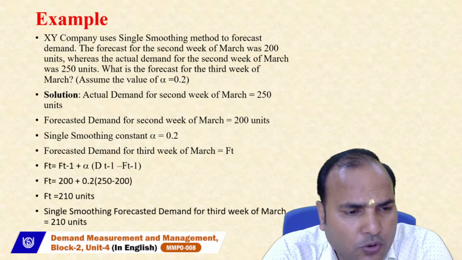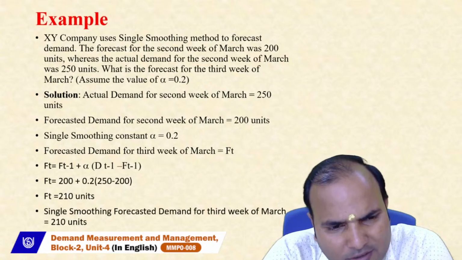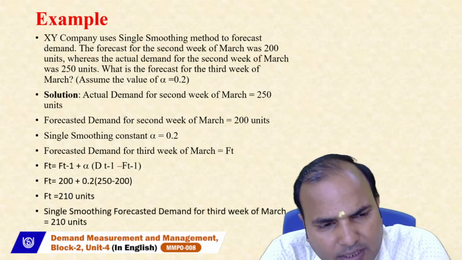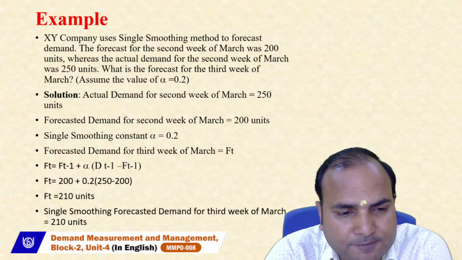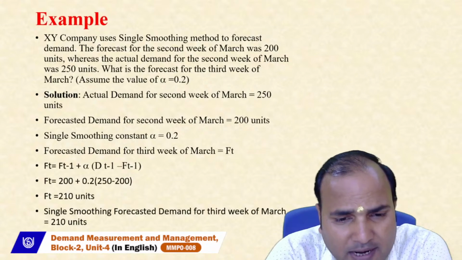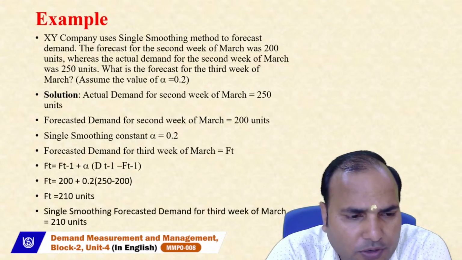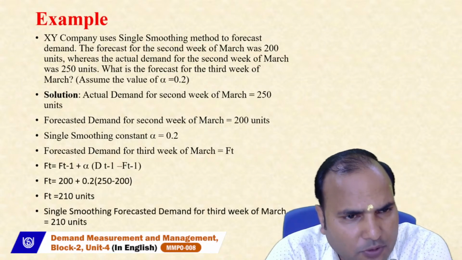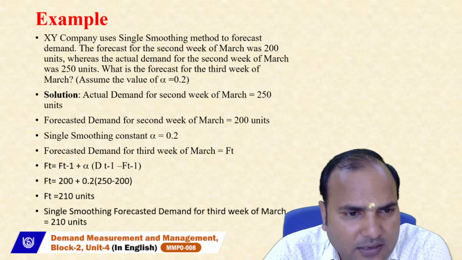So by calculating all, 200 plus 0.2 into (250 minus 200) is equal to 210 units. So in single smoothing, the forecasted demand for the third week of March will be 210 units. Have you understood how we can solve this particular situation?